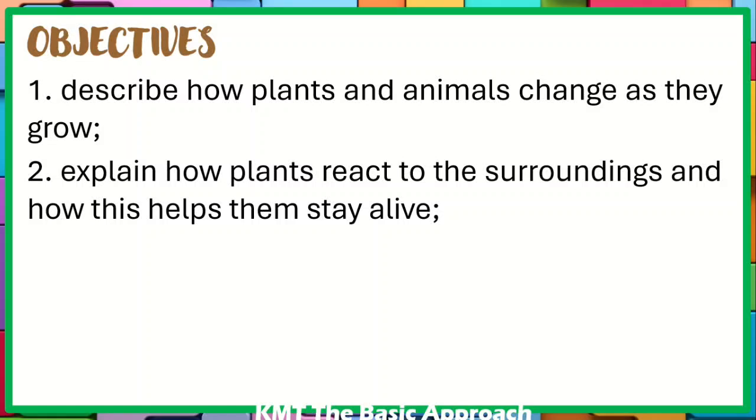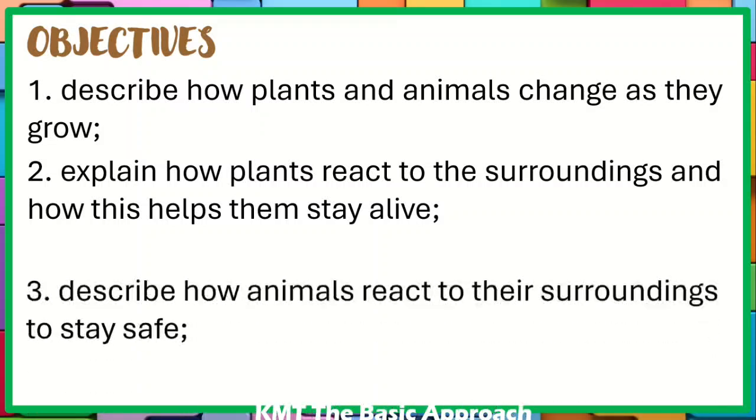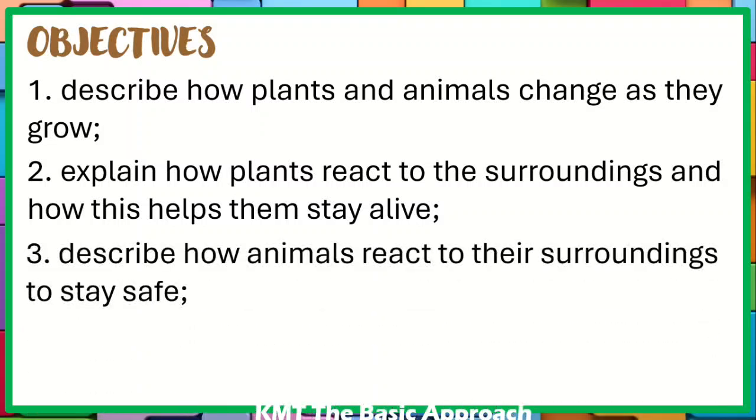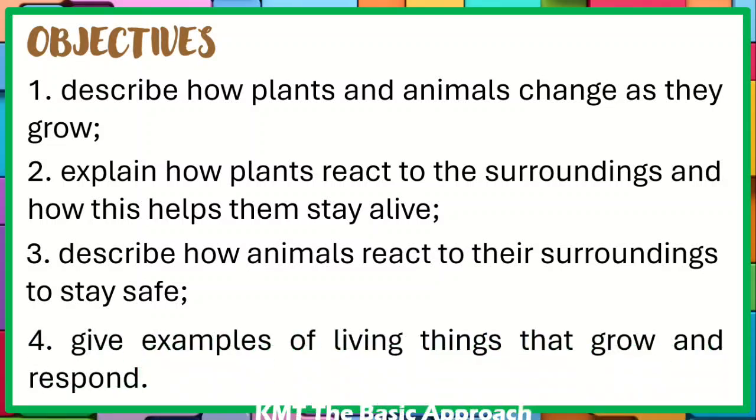Explain how plants react to the surroundings and how this helps them stay alive. Number 3. Describe how animals react to their surroundings to stay safe. And number 4, give examples of living things that grow and respond.